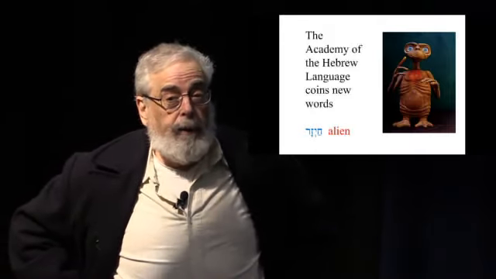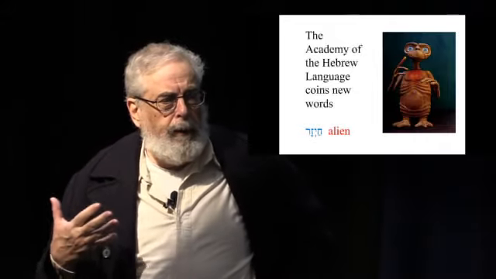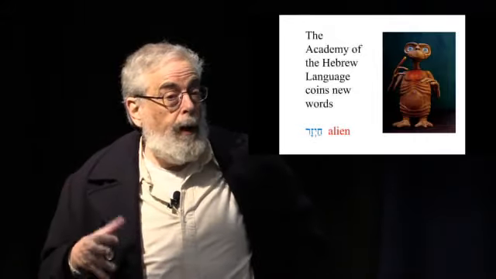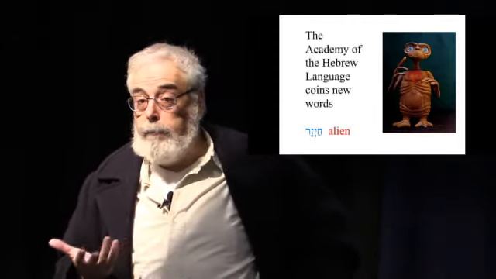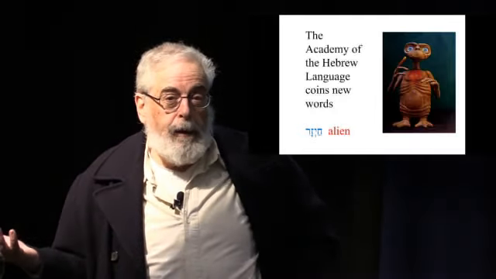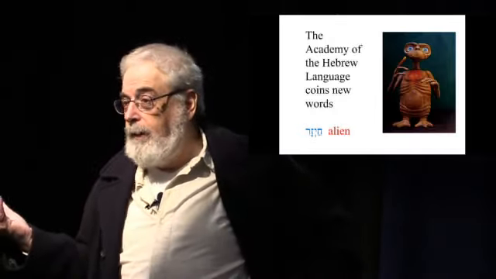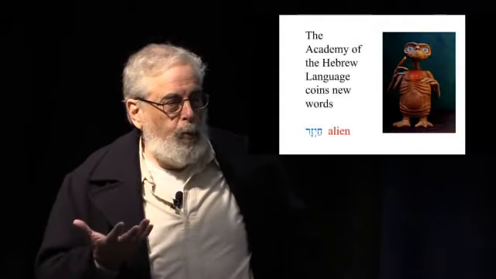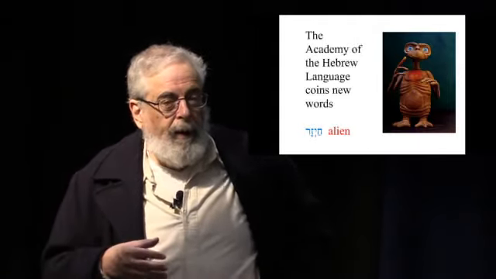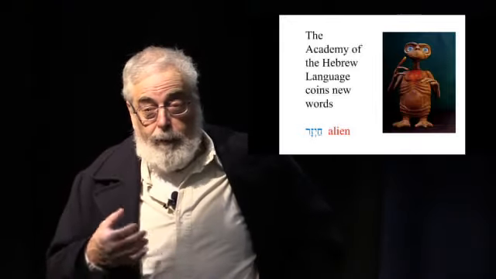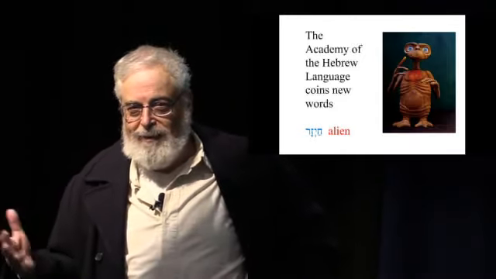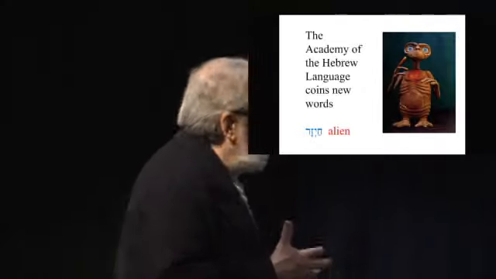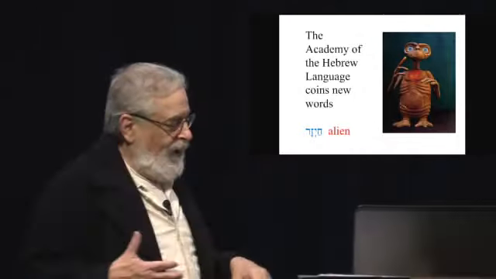So it came from the public, but confirmed by the academy, the idea that alien is also a compound. Chai is alive, zar is a stranger. Chayzar is an alien. So there is a new word, and we use it. And in slang, when we try to say about somebody that he's a weirdo, we say he is a chayzar. So it's used also in a metaphorical way. So this is our alien guy.